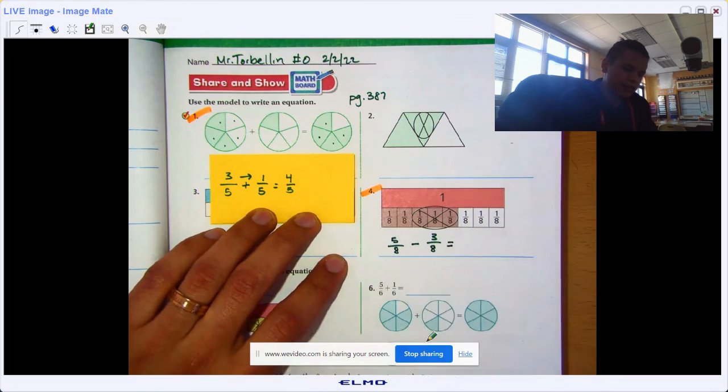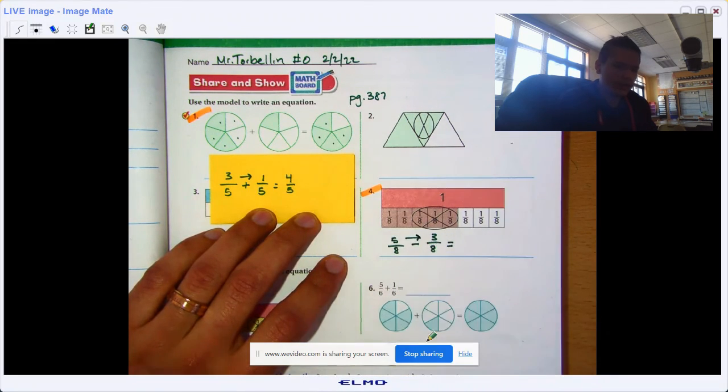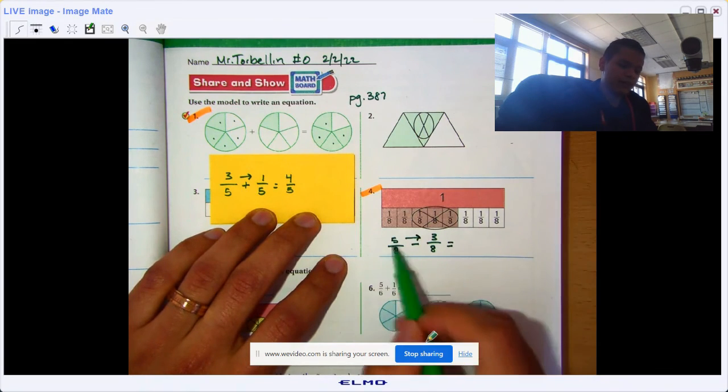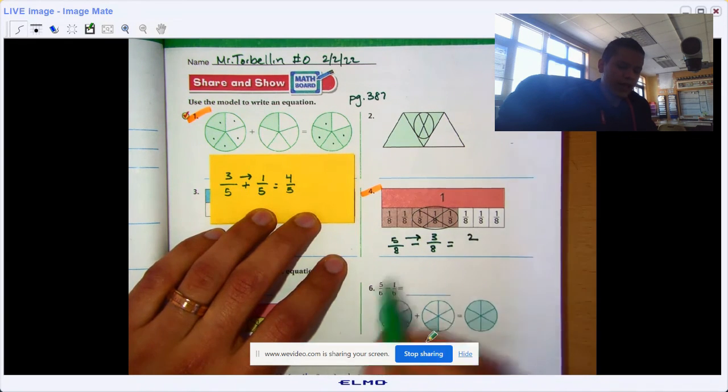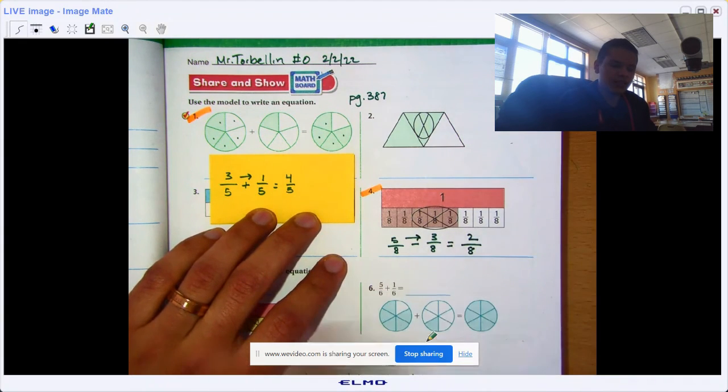Hopefully you remember that it just goes straight across. So 5 minus 3, that's all I have to worry about, my numerator. 5 minus 3 is 2. And we keep our denominator the same. For this lesson, just go ahead and keep your fraction like this. You do not need to write a fraction in simplest term.